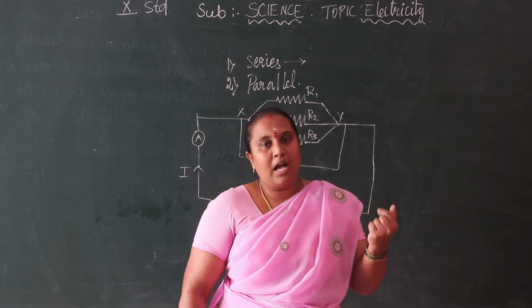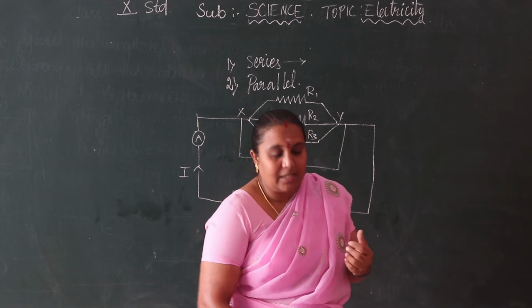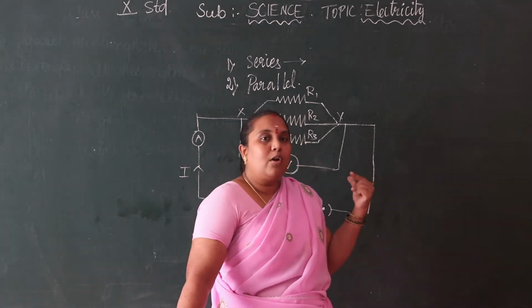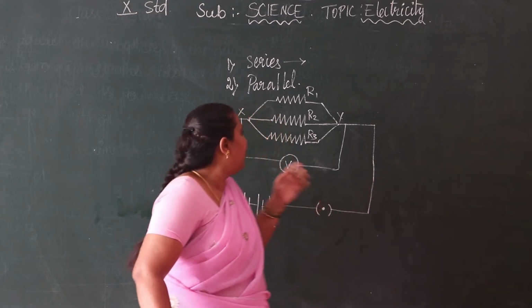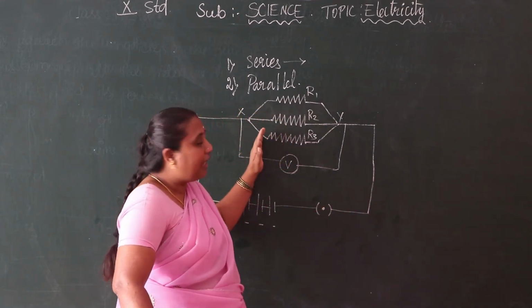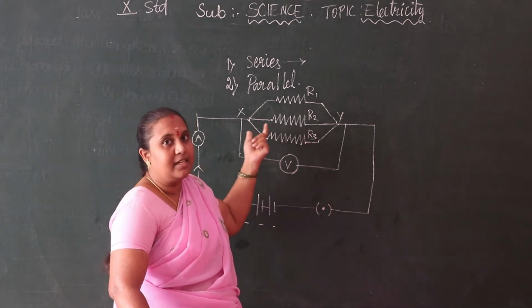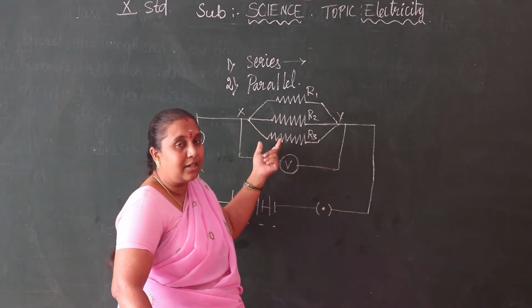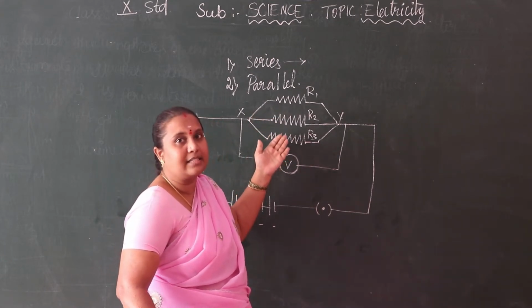Here we have a parallel. In parallel we want to find I equals I1 plus I2 plus I3, because here we have three resistances. Here the electric current passing through the circuit differs in the different resistors.